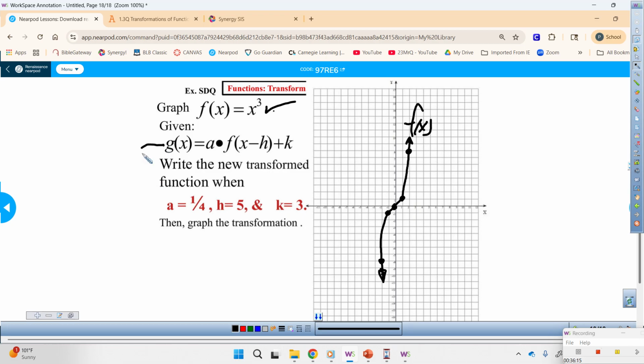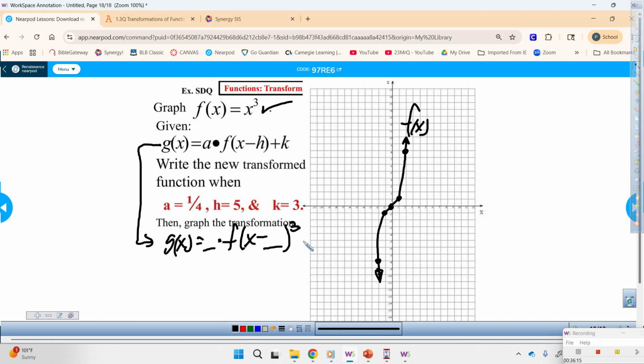Then what do we do? We rewrite this one with blanks. G of x equals blank times f of x minus blank, cubed, plus blank. So they give us 1/4. They give us h is 5 and k is 3.